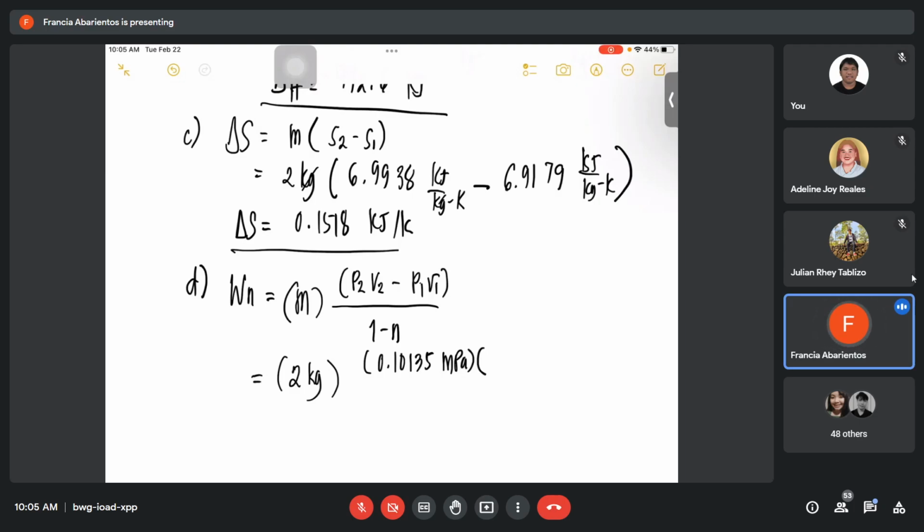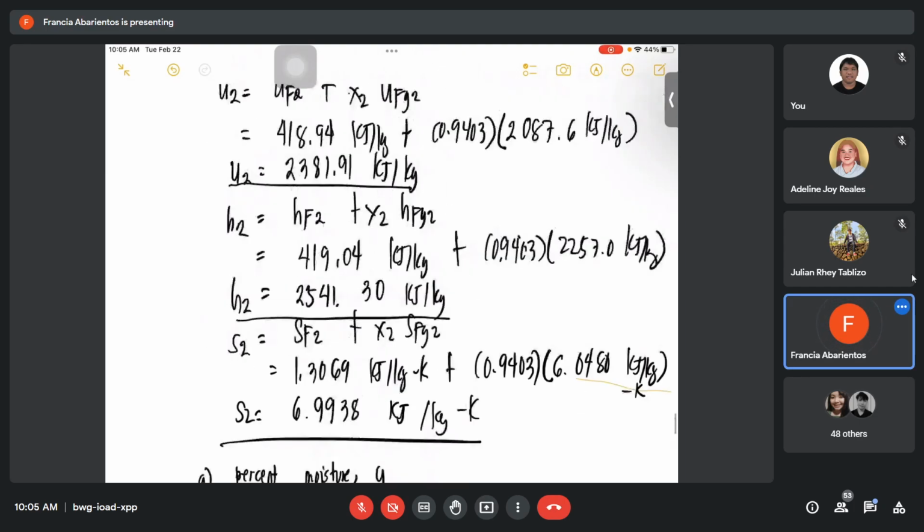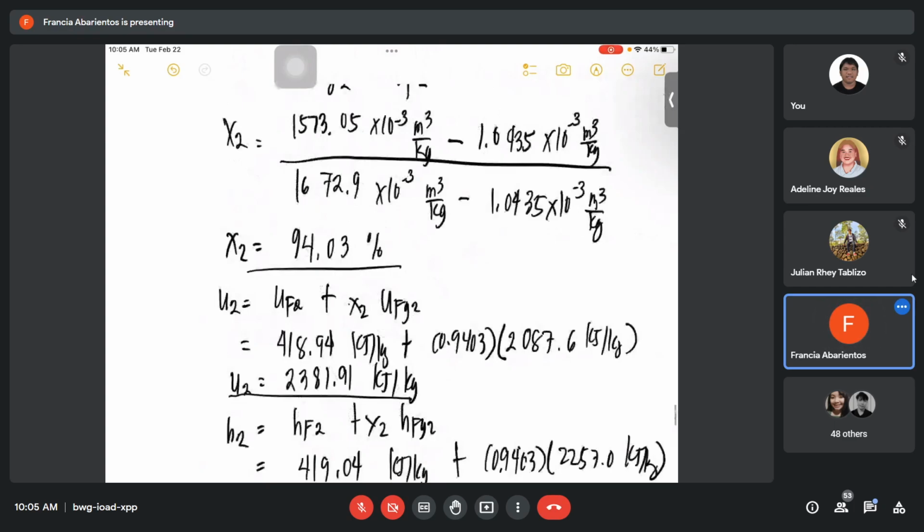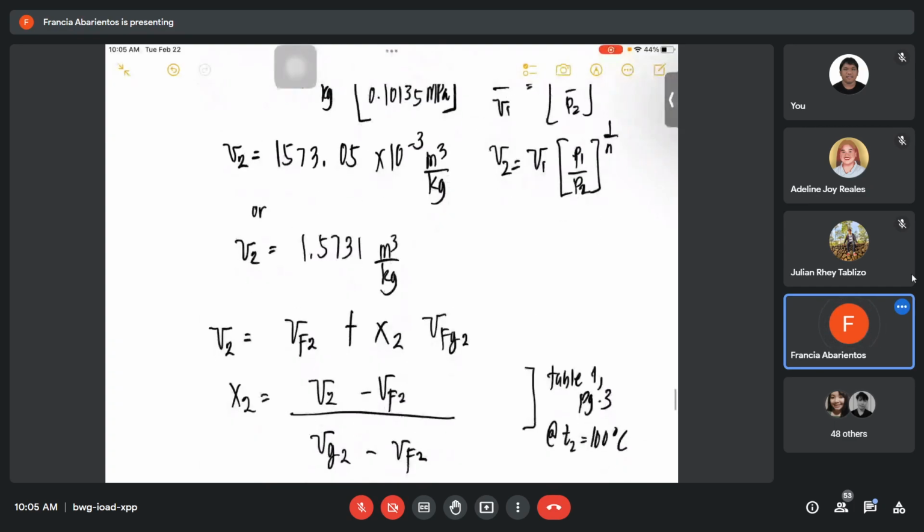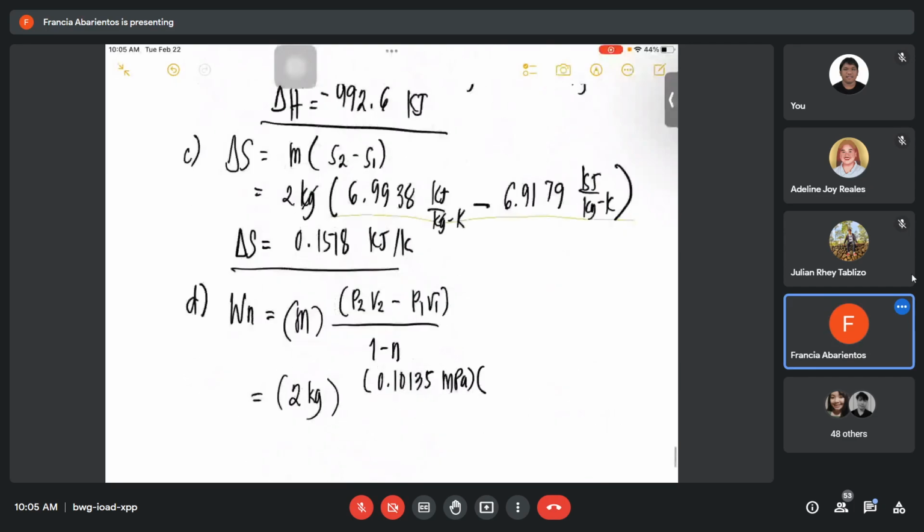Ano, yun na-solve natin. Kaya class, pag nagsusolve ka, 1.5731 cubic meter per kilogram, 1 minus 1.21. Okay? And the pressure at point 1 is 1.5 MPa.